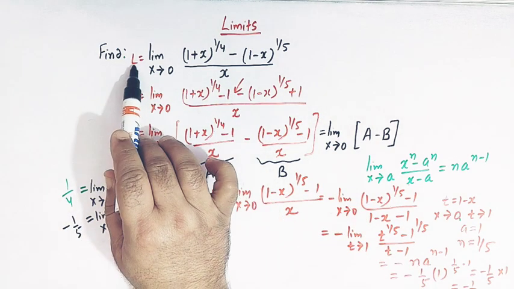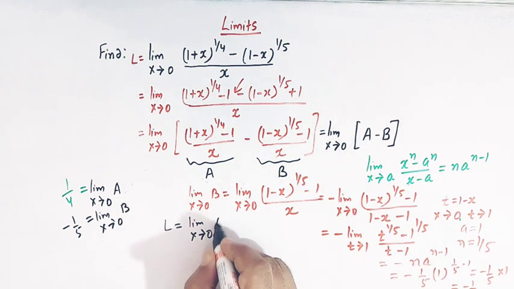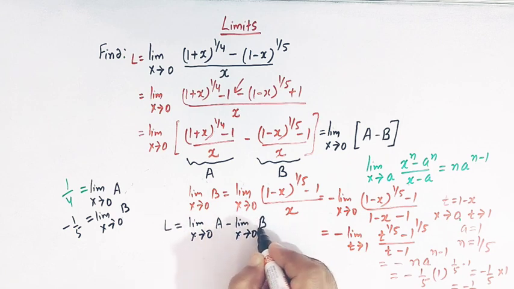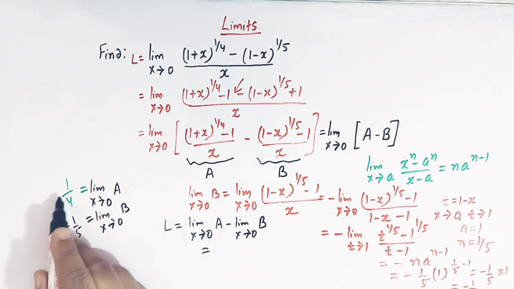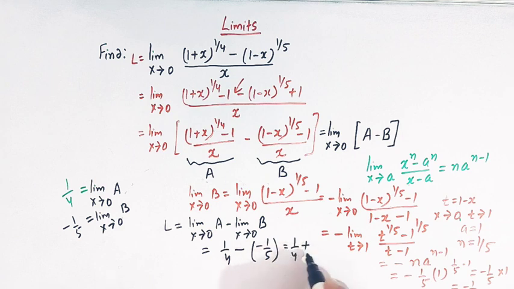Now the value of this limit L is given by limit x tends to 0 of A minus limit x tends to 0 of B, so we have 1 over 4 minus minus 1 over 5. This is 1 over 4 plus 1 over 5, so we can add these two rational numbers.